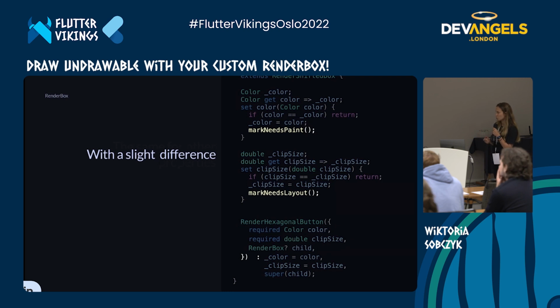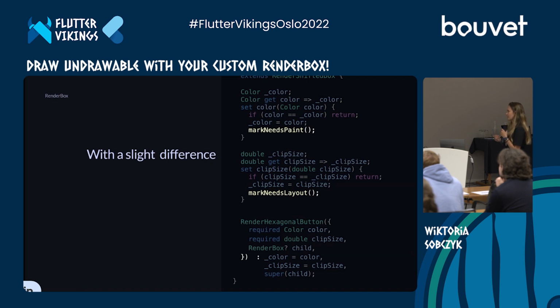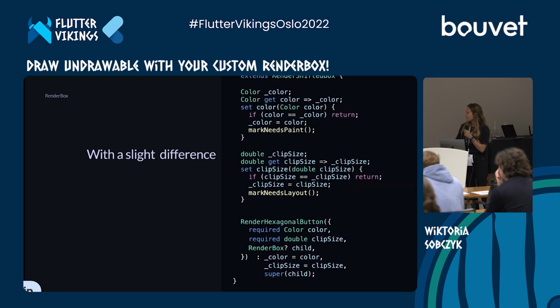When we want to change only the color, we only mark our render box as needing to repaint. And for our clip size, we mark that we should change our layout. And after invoking this method, we don't need to mark needs paint because it will be invoked automatically after the method that marks needs layout. So this is the difference.